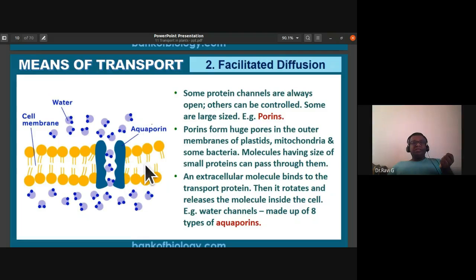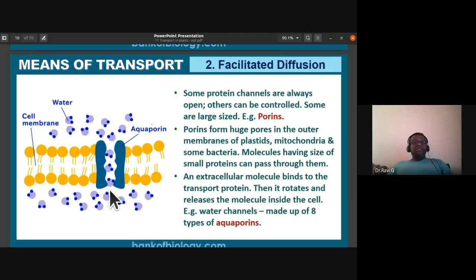Example, porins, which are large sized. So porins form huge pores in the outer membrane of plastids, mitochondria and some bacteria. So molecules having the size of small proteins can pass through them.